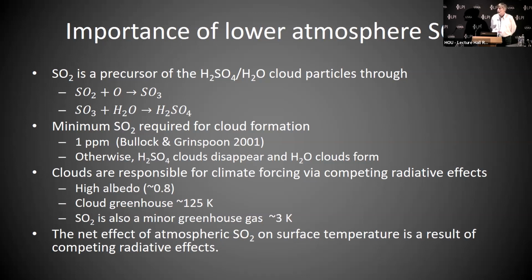I noticed in someone's talk about ice shell data, the 2.46 micron absorption bands you can see from Earth, and that's right in the middle between major CO2 bands. So it does have an absorption effect and a greenhouse effect. So the net radiative effects of SO2 on surface temperature are fairly complex. We're interested in what the role of SO2 has been over long periods of time, not necessarily just the present.